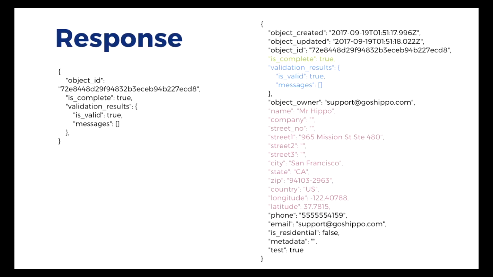If you ever had an address that was completely unusable, where we couldn't find something in our database, is valid will be false, and you'll have a series of messages in this array that will display what needs to be corrected or what went wrong. If we provided back a valid address but something was changed, is valid will be true, but you'll find messages in the messages array. So it's always worth checking there, so that if something was changed, you can make sure to surface that information back to your user when you're doing the correction.